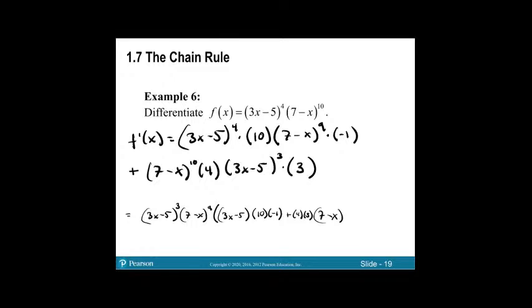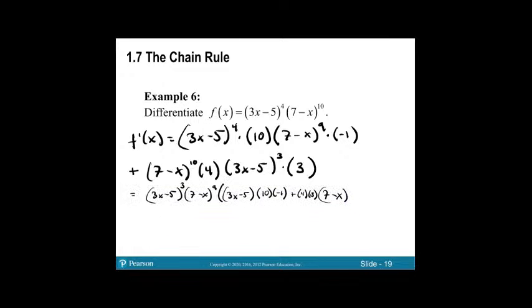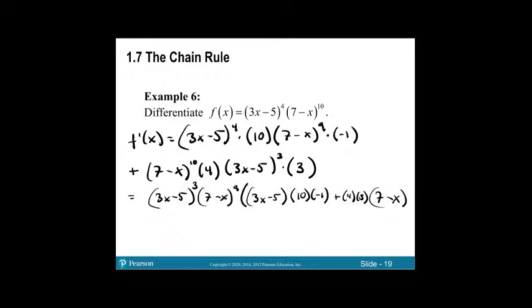Okay, I think there's one more step for this one. I know it's a little bit intense. Let's do one more. So finally, we're going to have 3x minus 5 to the third, 7 minus x to the 9.